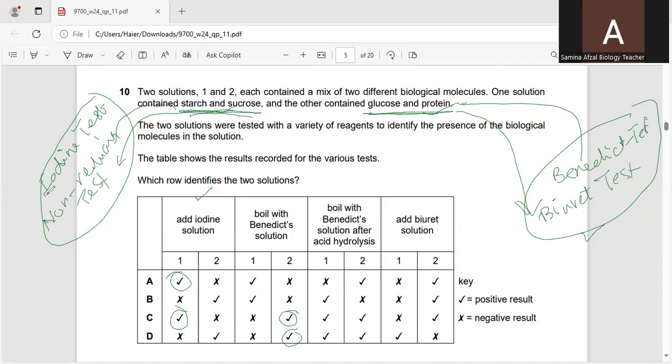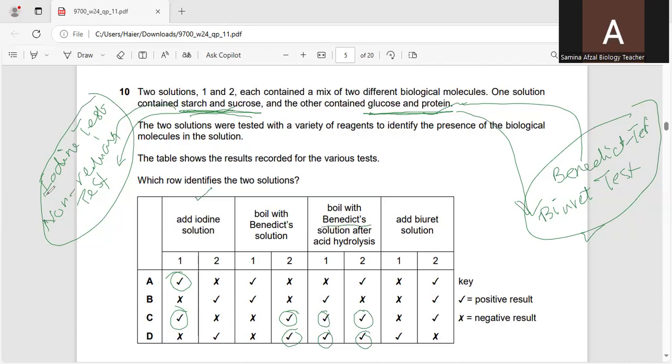With Benedict solution after acid hydrolysis, non-reducing sugar will give a positive result, so solution 1 will give the positive result, and solution 2 will also give a positive result, whereas glucose is also there, because they have to do the Benedict test as well.